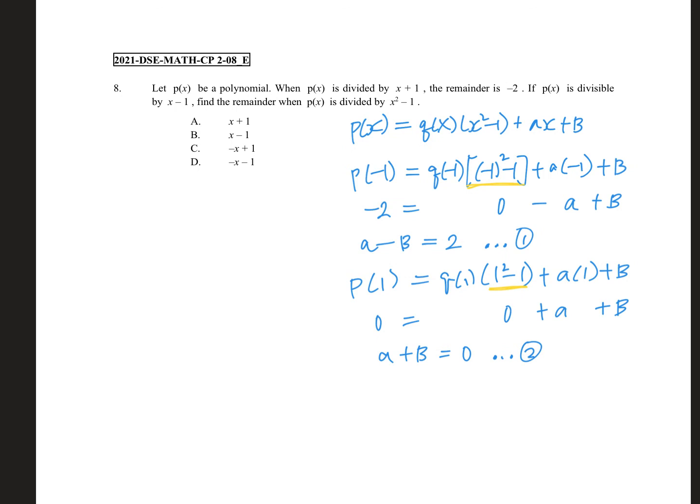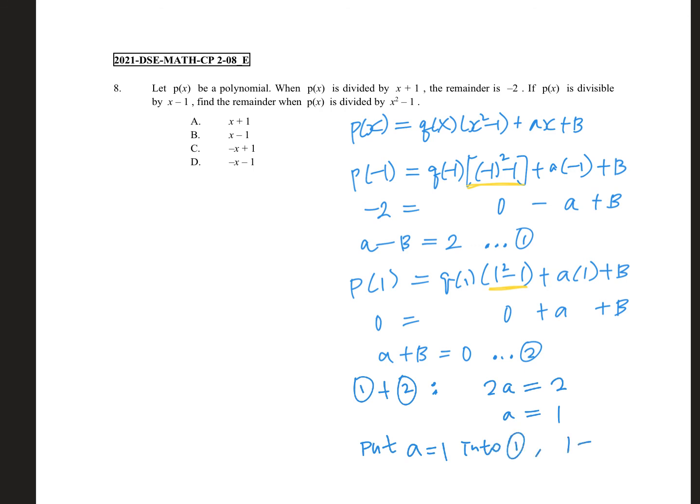And then maybe just equation 1 plus equation 2. So 2a will be 2, a equals 1. And then put a equals 1 back into equation 1.